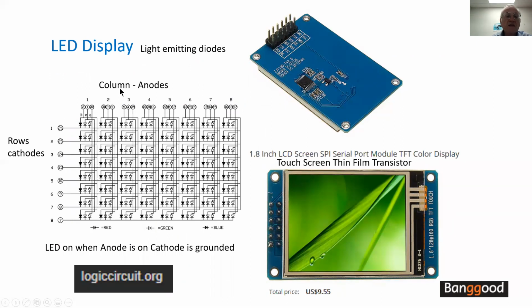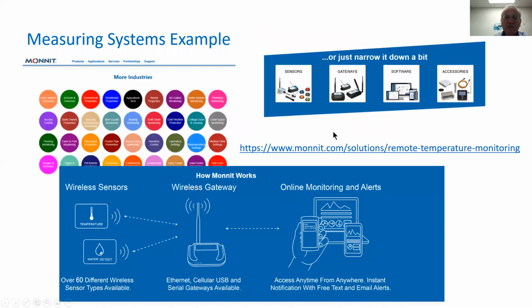All the columns are connected to the same anodes, and all the rows are connected to the same cathode. In order to activate a certain LED, we apply the voltage, 5 volts or 3.5 volts, to the anode, and then ground the cathode, and then this LED is going to be displayed. And with a group of them, we could construct various features.